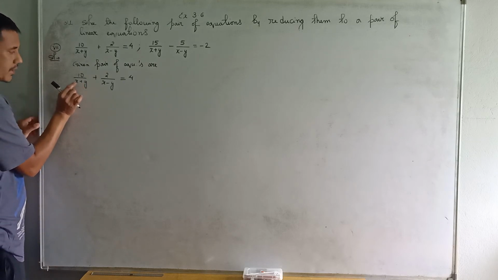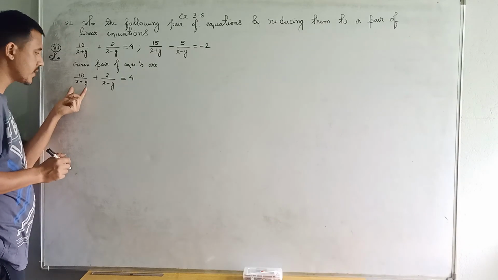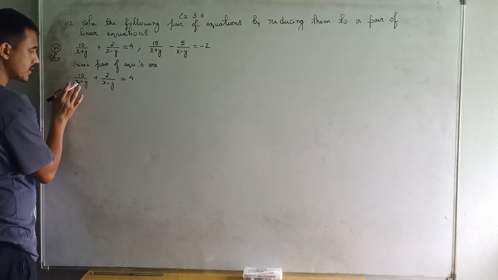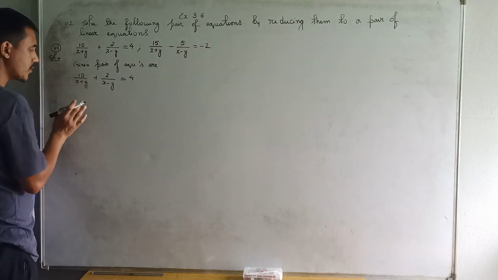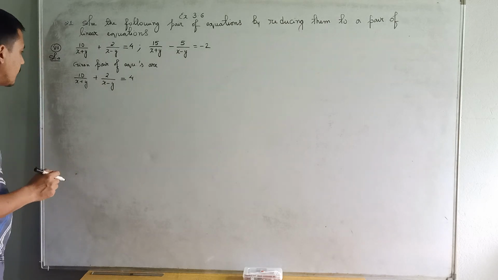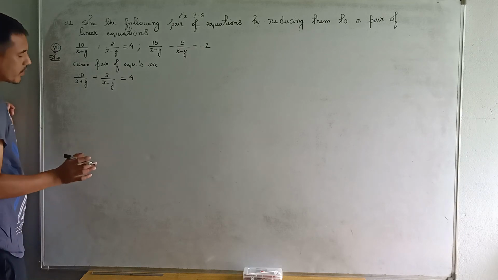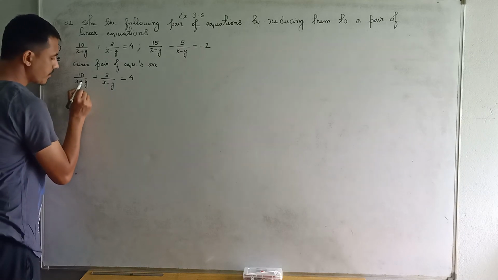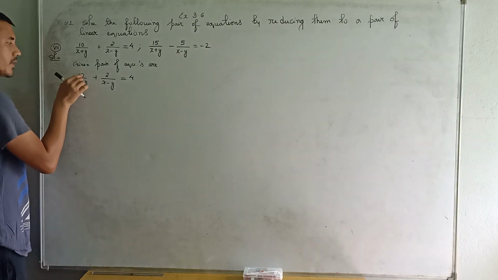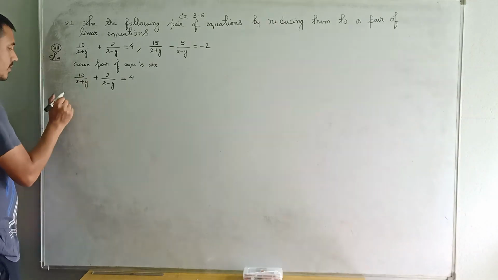Here x and y are expressed as a sum, no? There is x plus y on the denominator, you cannot separate x and y. The only thing that we can do is separate the variable and its coefficient.